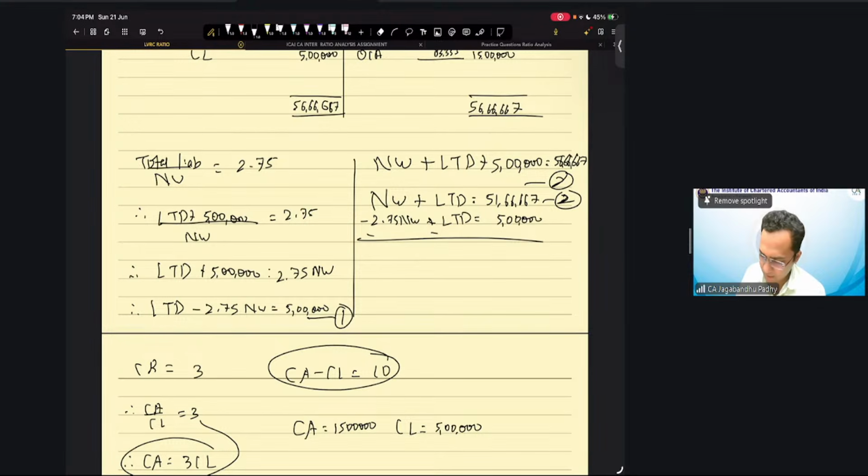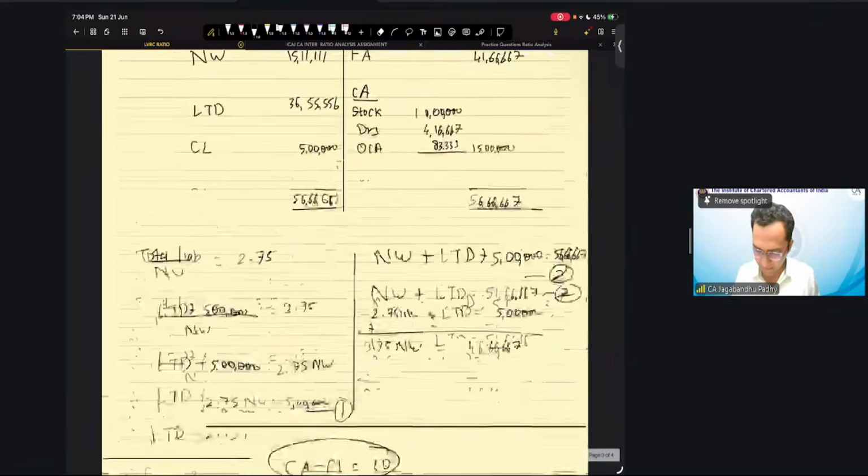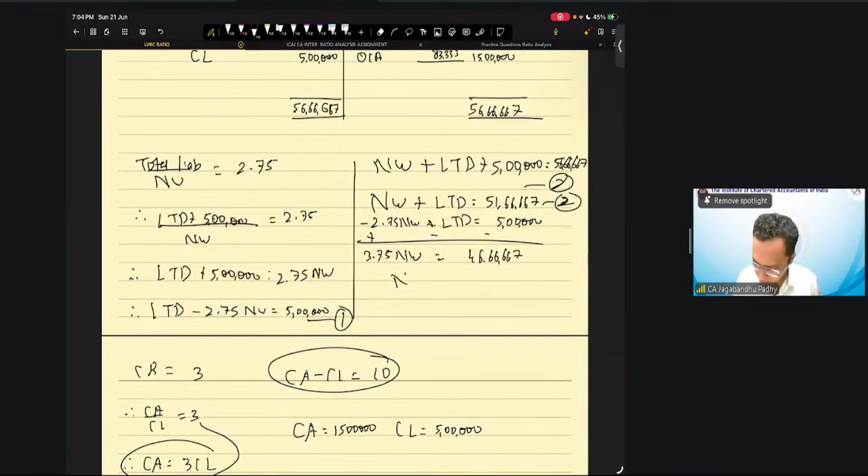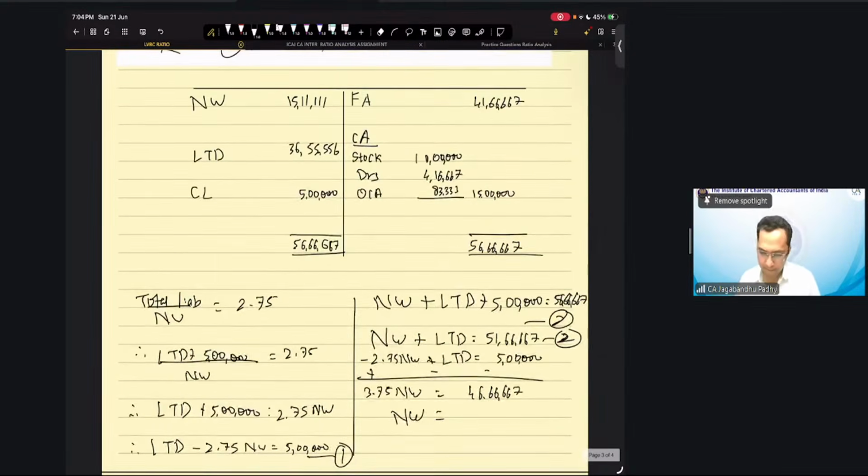So we're going to subtract. If we subtract, this becomes 3.75 net worth is equal to 46 lakh 66,667. So if we divide 46 lakh 66,667 by 3.75, what?